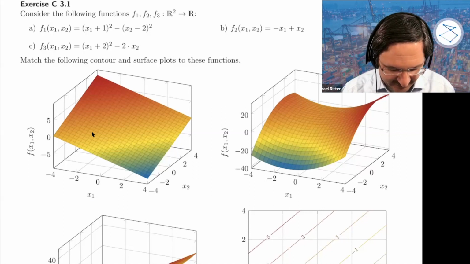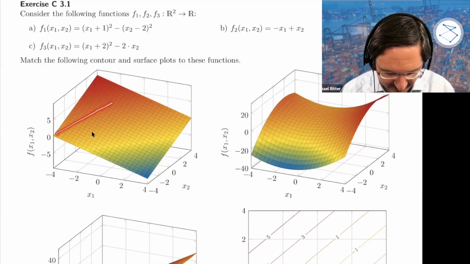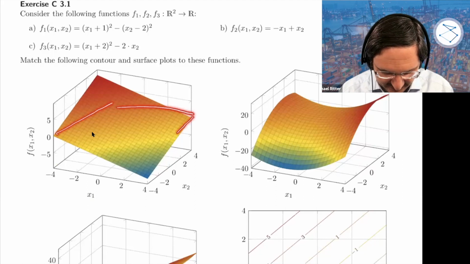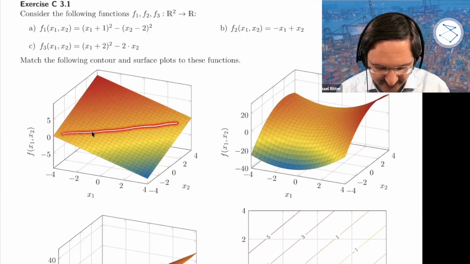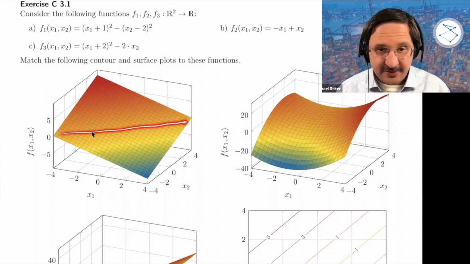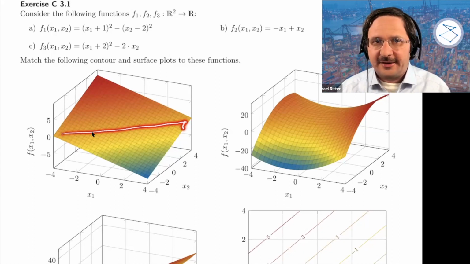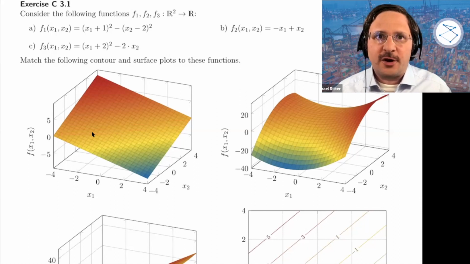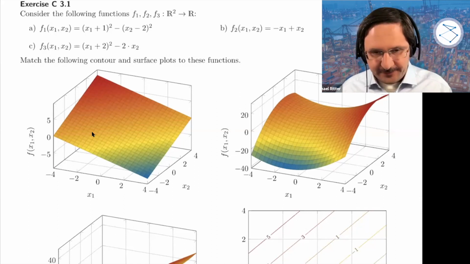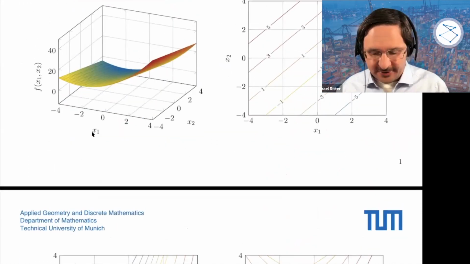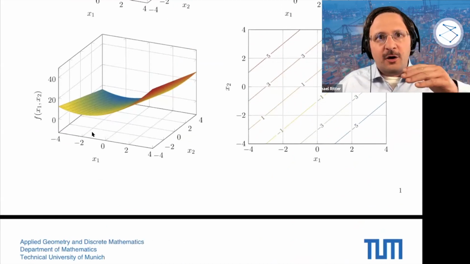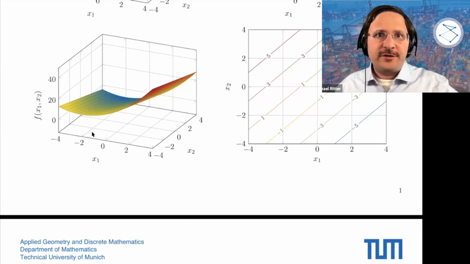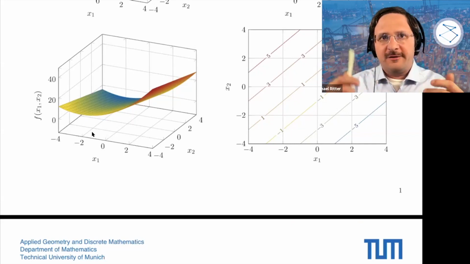We fix a value, for example 0 here, and then we take the plane at that level and cut through that surface. In this case, the cut will be a line like that. That is the level set that corresponds to that value of 0, and that's one of the lines we draw into the level set. The level set consists of all those curves for a number of levels.